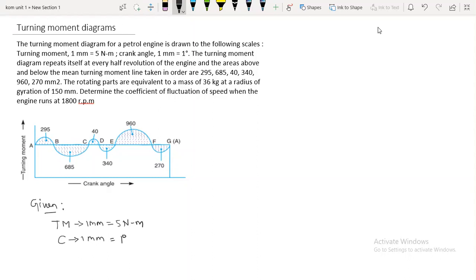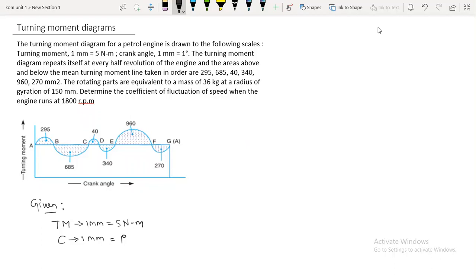This data we are going to use for finding out the maximum fluctuation of energy. We will determine the maximum fluctuation of energy by using the data from the diagram. But when you find the value of that maximum fluctuation of energy, we are going to get it in terms of mm square.